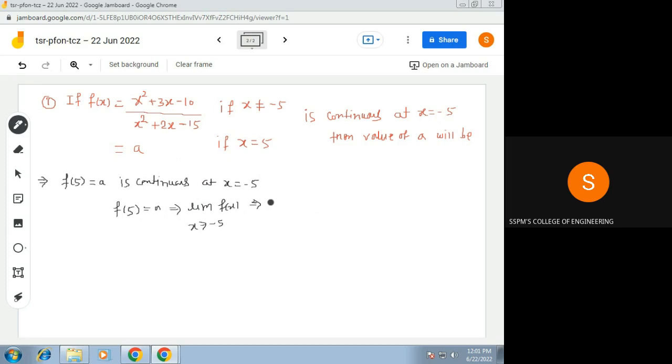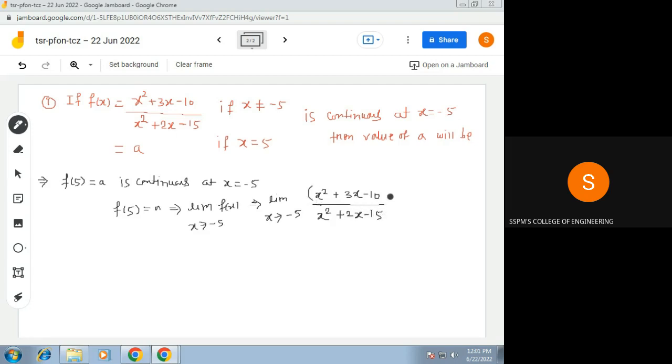So limit as x tends to minus 5, function of x, where function of x is x square plus 3x minus 10 upon x square plus 2x minus 15.